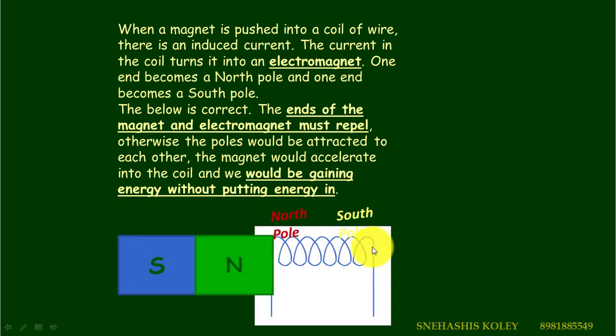Now, when a magnet is pushed into a coil of wire, there is an induced current. The current in the coil turns it into an electromagnet. One end becomes a north pole and another end becomes a south pole due to the flow of the induced EMF, as we have discussed in the section on the solenoid.